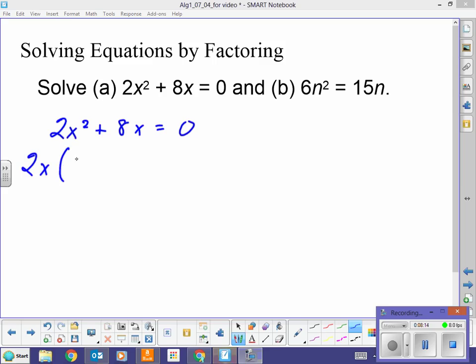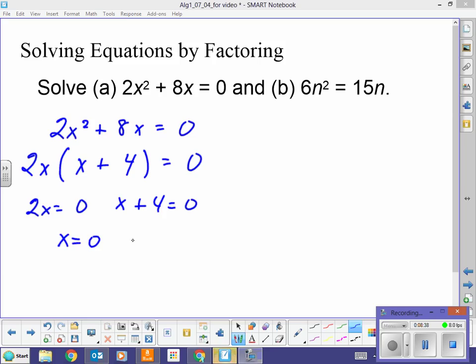And what does that leave? Well, again, if I think of dividing 2x squared by 2x, I get left an x. And 8x divided by 2x is 4. Okay, so I have 2x times x plus 4 equals 0. So I have 2x equals 0, and x plus 4 equals 0. Then x will equal 0, or x will equal -4.